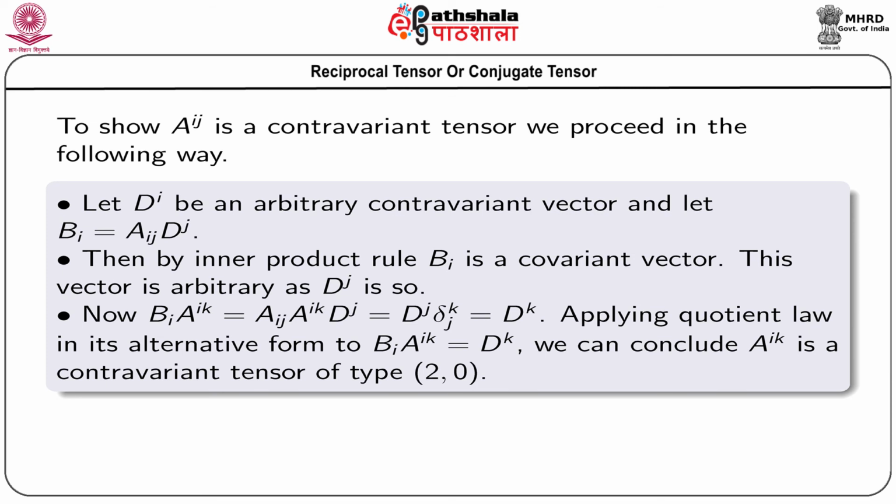So, writing that one we see that it is coming to d^k. Now, applying the quotient law in its alternative form to b_i A^ik equals d^k, we can conclude A^ik is a contravariant tensor of type (2,0).